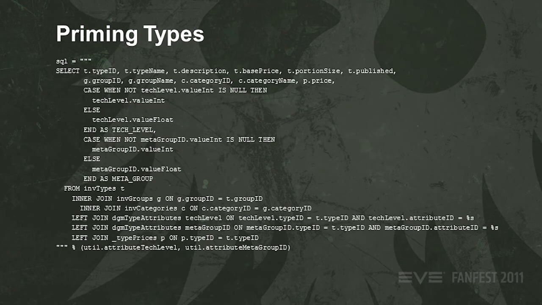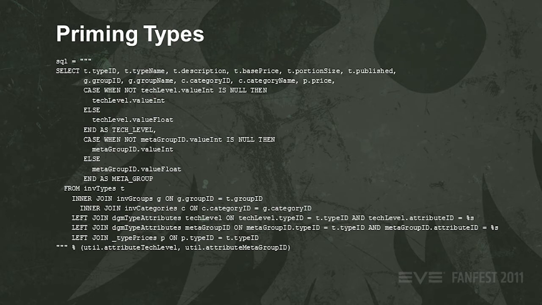It's just a huge SQL statement, which is similar to something that Unnar showed you yesterday, where I'm getting base type data, and I'm getting the group information and the category information, and the price, tech level, meta group, and whatever else you want to put in there, it's fine. You do this on startup, takes a couple of seconds, and then it's primed. It's a very, very good way to read the types, and very, very fun to actually figure out all the stuff that you can know about a type.